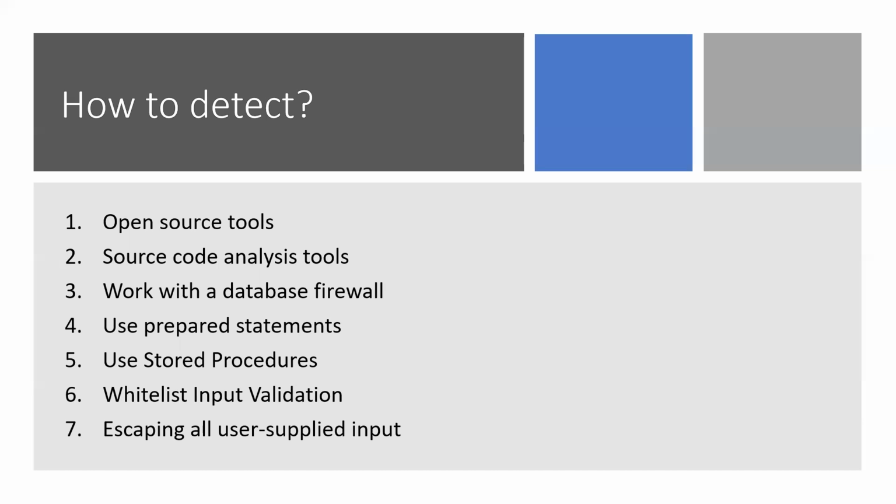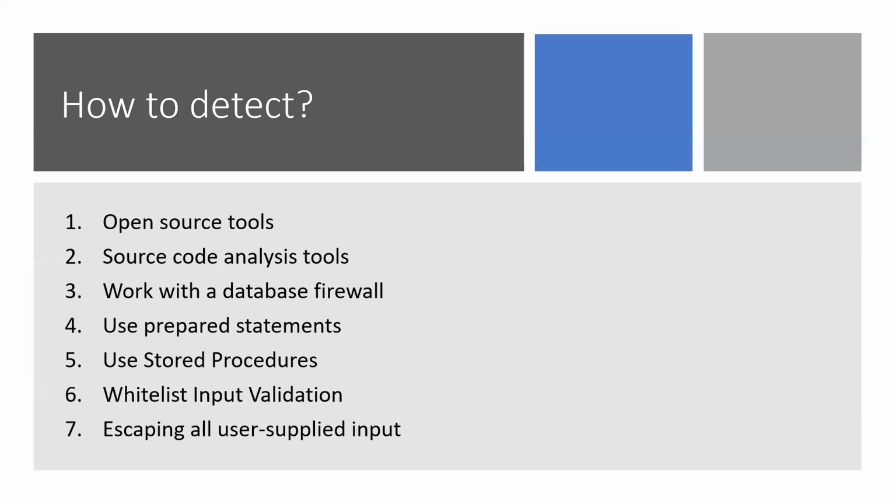The difference between prepared statements and stored procedures is that the SQL code for the stored procedure is defined and stored in the database itself, and then called from the application. Both of these techniques have the same effectiveness in preventing SQL injection. So your organization should choose which approach makes the most sense for us.